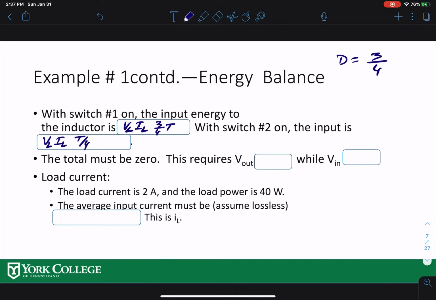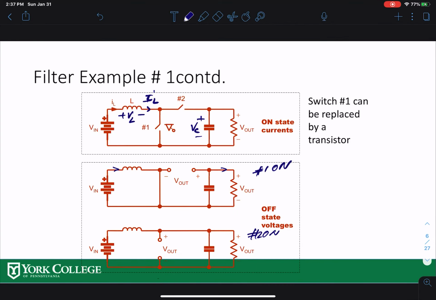This VL has a different explanation, so let me explain. When switch 1 is on, there's a VL over here, V in. So VL is basically equal to V in. When switch 2 is on, if you use KVL from here all the way out here, you'll see that your VL is V in minus V out.